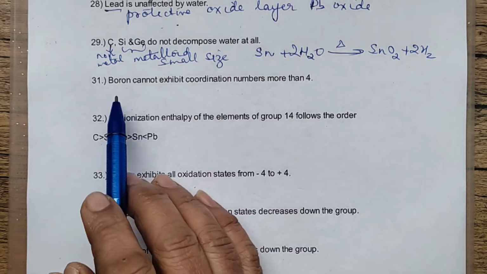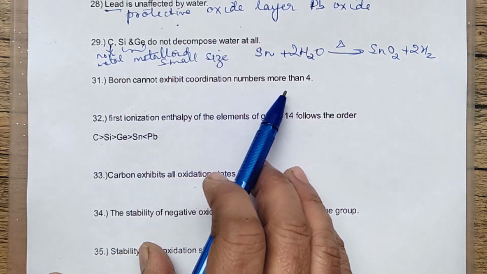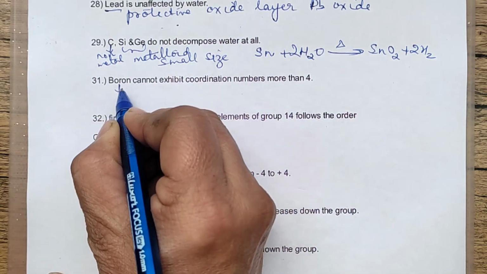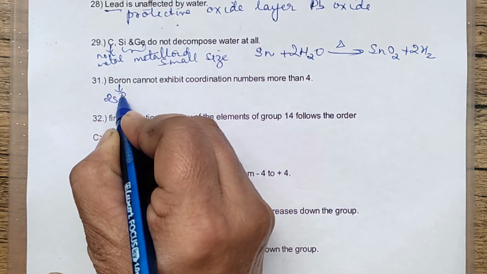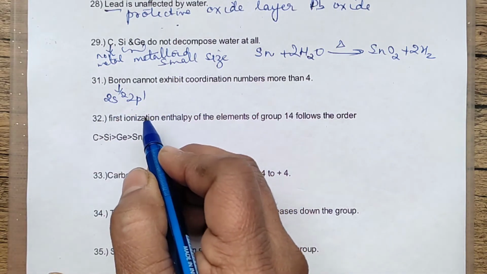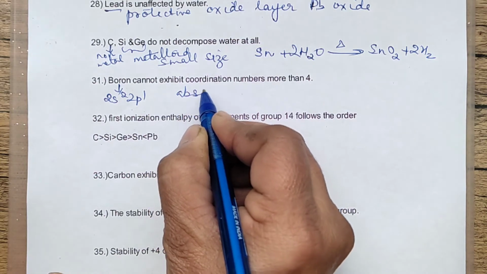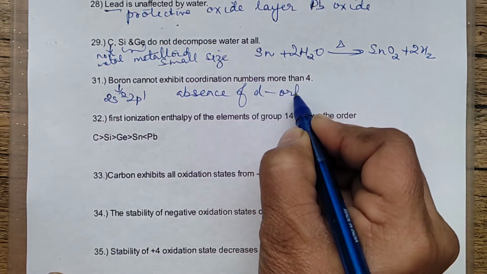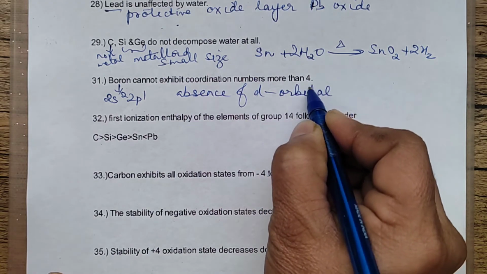The next one says boron cannot exhibit a coordination number more than 4. Why? Because you can write down the configuration for boron. It is 2s2 2p1. It does not have d orbitals. Due to the absence of d orbitals, boron cannot expand.